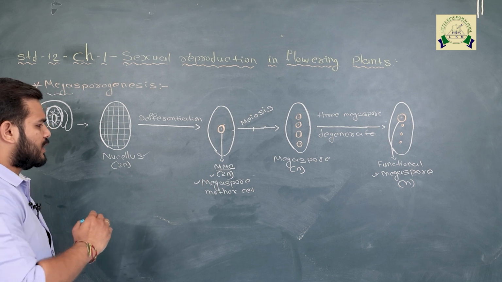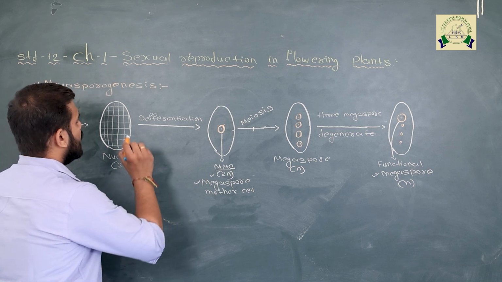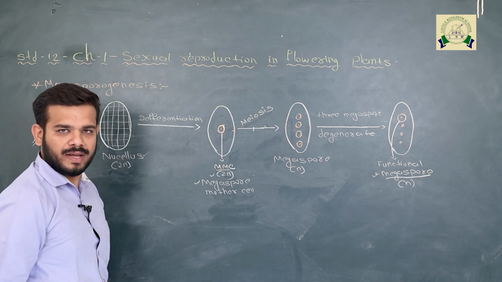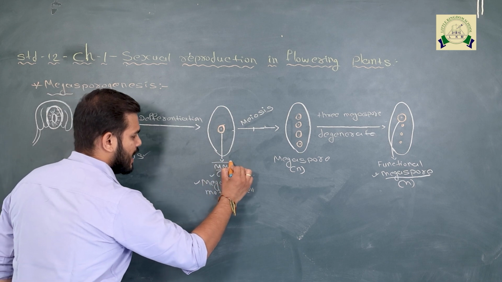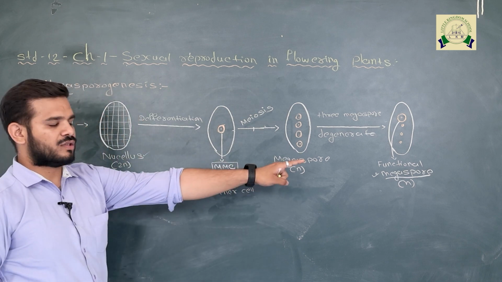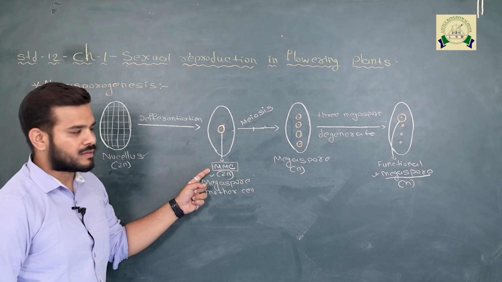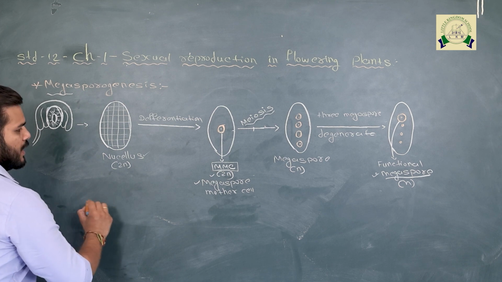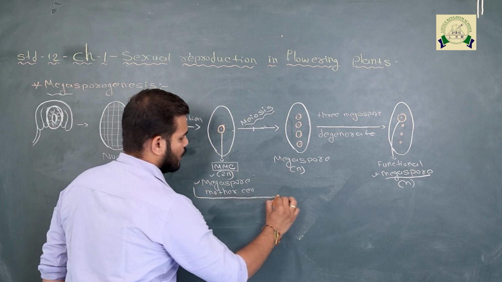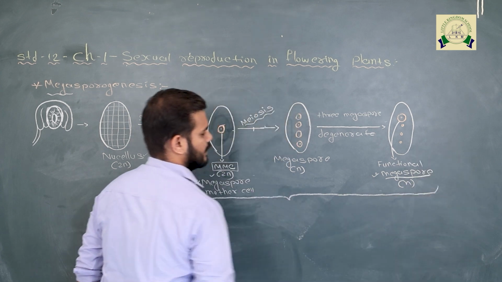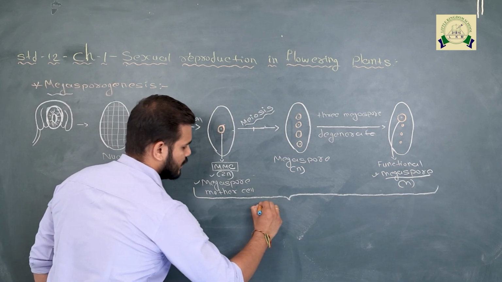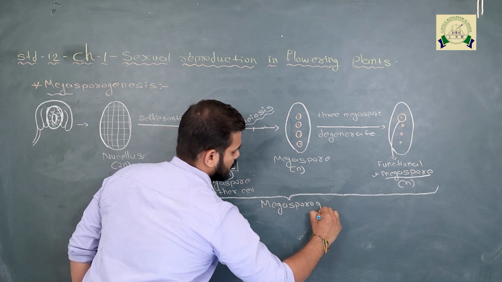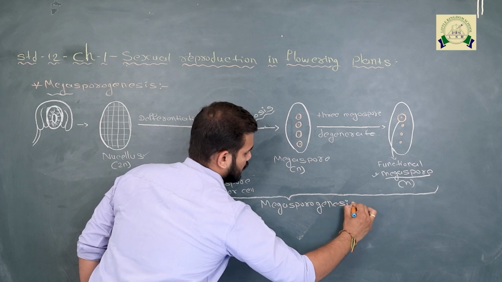The simple definition is production of megaspore, or formation of megaspore from the megaspore mother cell through meiosis is called megasporogenesis. So according to your NCERT, this process is called megasporogenesis. Clear?